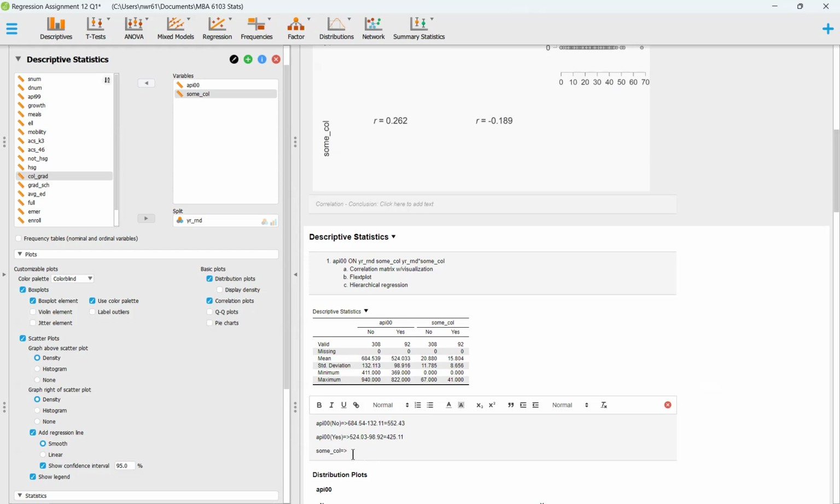Let me actually do this part two real quick. I'd rather just get this portion out of the way.